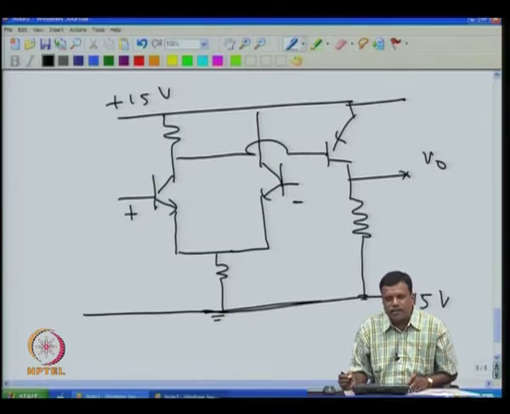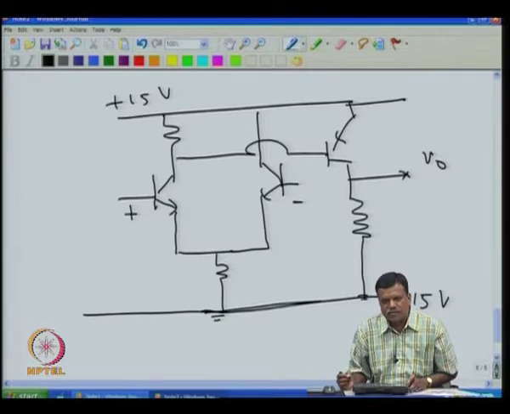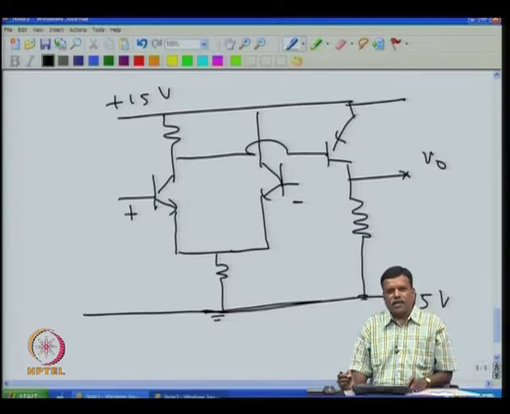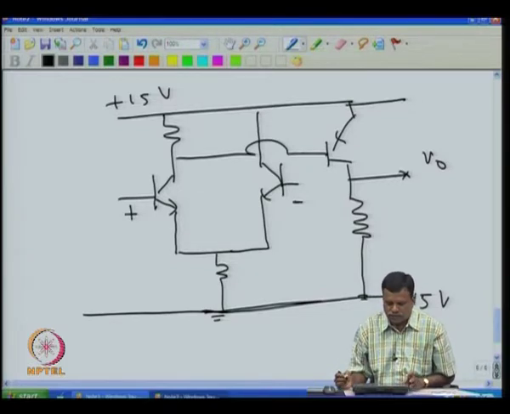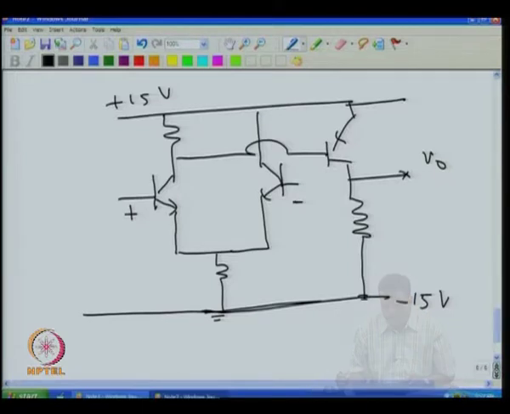Now, I am not telling that person's name, to keep you guessing, because he is still alive and he was just 21 years old when he developed the world's first op amp in the form we see today. I will tell you in the next class what his name is.